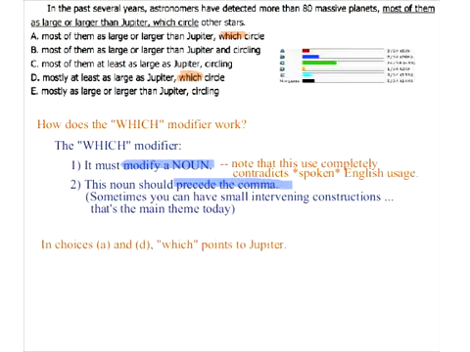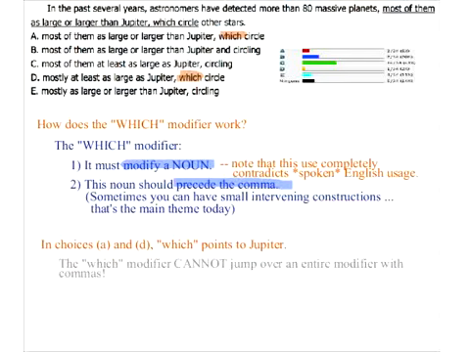One thing here, it can't point all the way back to massive planets. That's too far away. A couple of you guys are saying massive planets. Let's clarify that. The which modifier cannot jump over an entire modifier with commas.